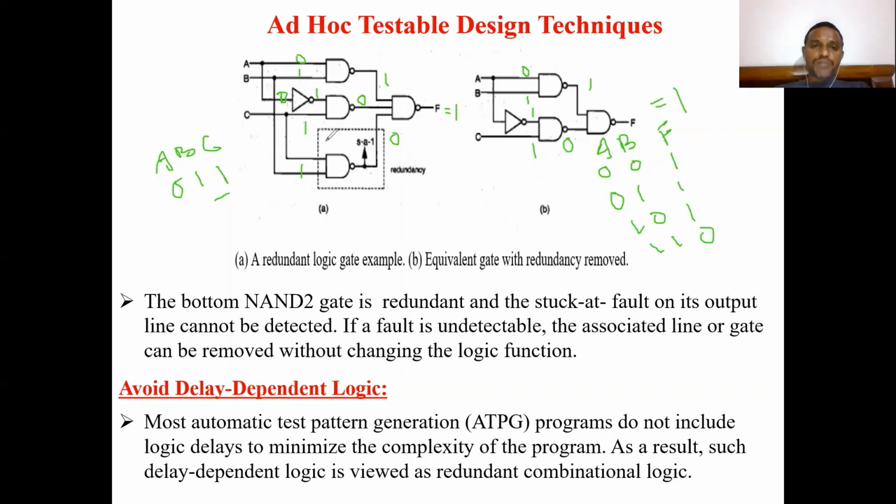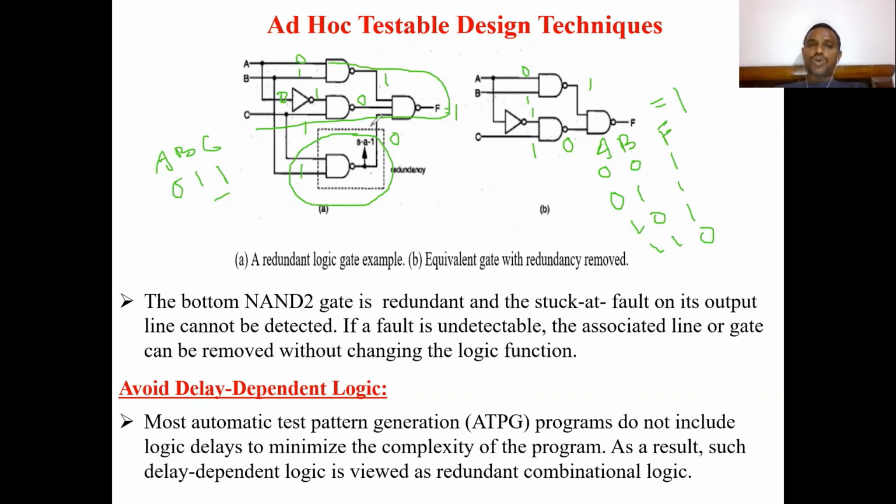Okay, if you observe these two circuits, even if you remove this gate, I am getting the same output. There is a NAND gate, A and B are connected to it, and the inverted output is connected to the other NAND gate. So the same circuit is repeated here, except for this redundancy circuit.